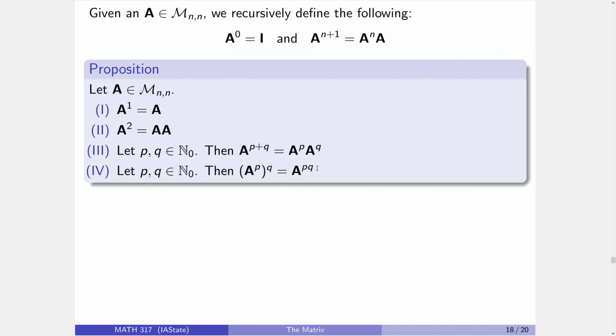So we could talk about matrices squared, we could talk about matrices cubed, and raising matrices to certain powers behaves in manners that you would expect. And it turns out that there are some interesting things about powers and matrices.